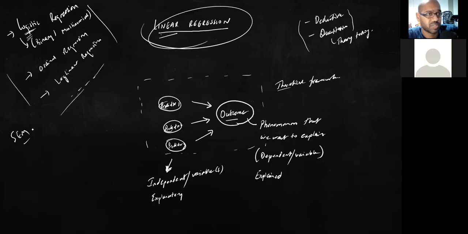Or if you're using time series or panel data, you might be using specific techniques, for example, using a VAR, vector autoregressive model, or a VECM model. So you have so many techniques which are regression based at the end of the day, which you can use. We're not going to cover those.